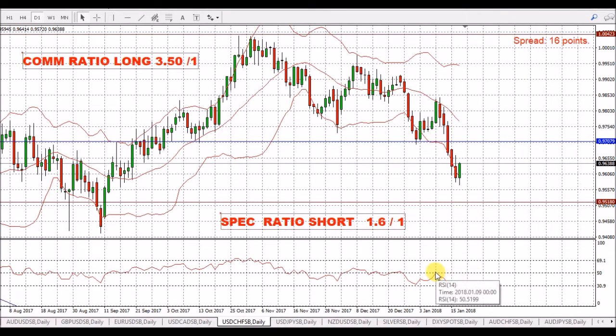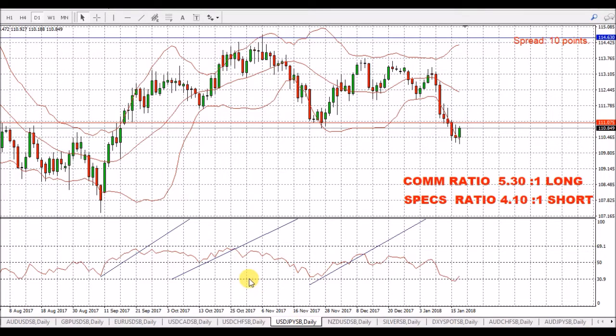So we've bounced off the 50, which is nice. We've bounced off the 30.9, a little bit of a pullback, and I think we expect to see a little bit more weakness on this pair. As long as we can hold below the 50, this should continue on down. So we'll see where we go with that.